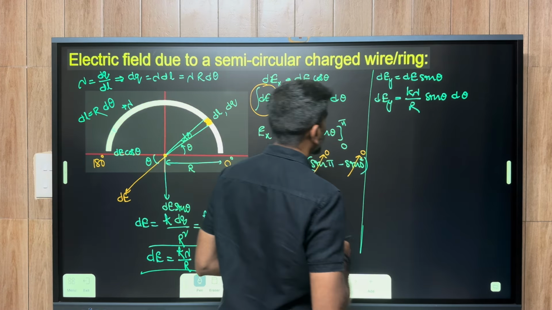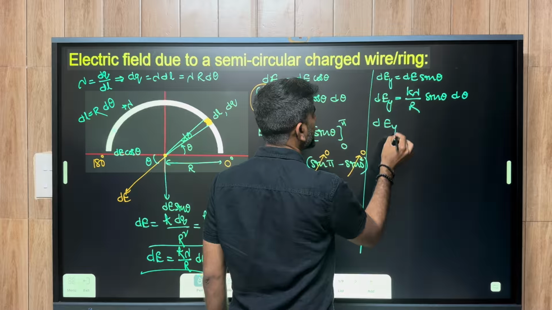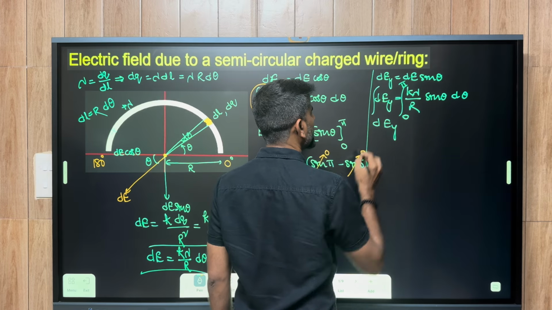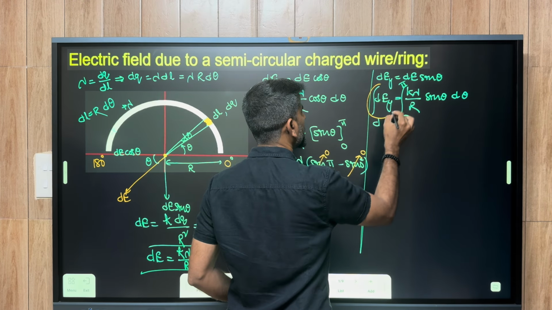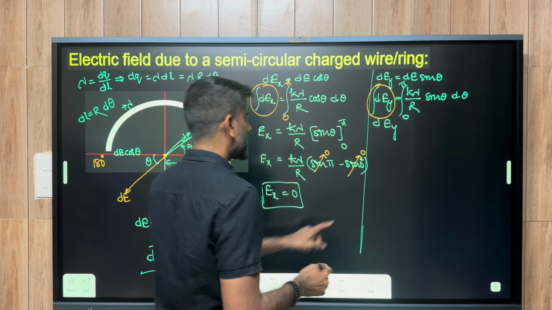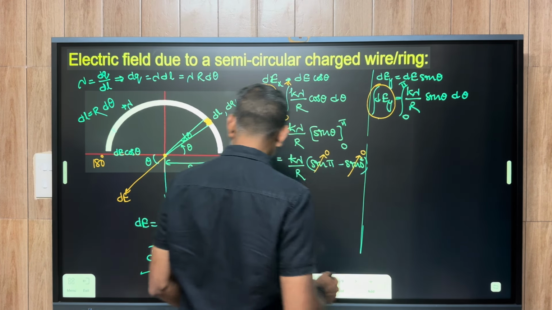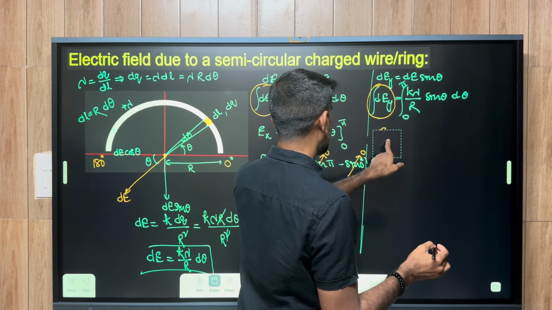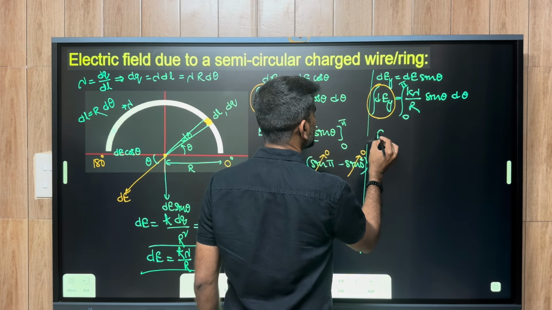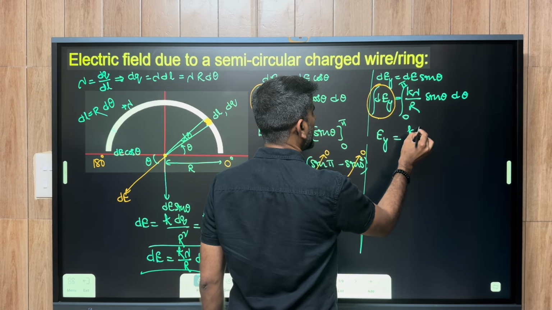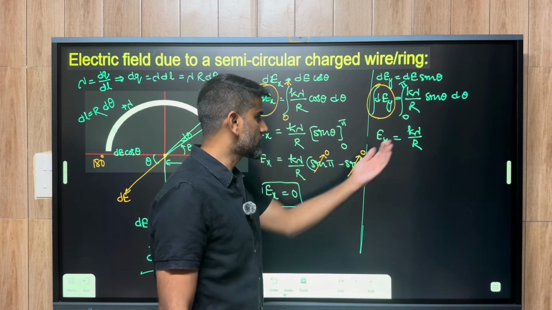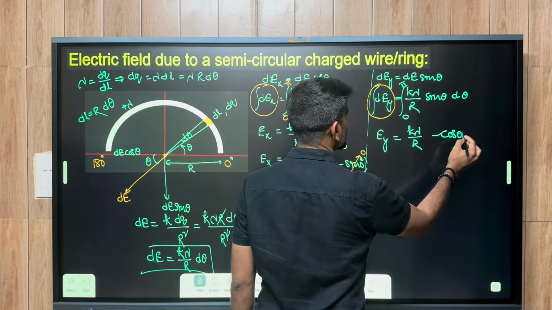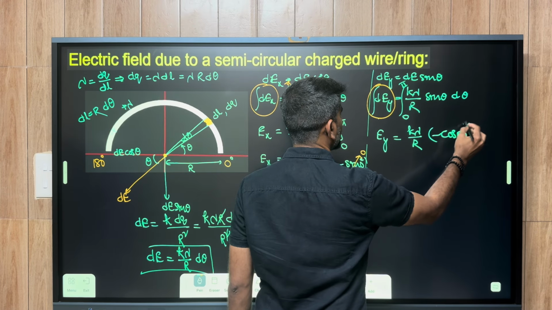Now coming to the next step, dEy. Here also I need to do the integration as usual, with limits from 0 to pi radians, and this entire thing comes out to be Ey. Now k lambda by r are the constants, which I've taken outside of the integration. The integration of sin theta is minus cos theta, ranging from 0 to pi.